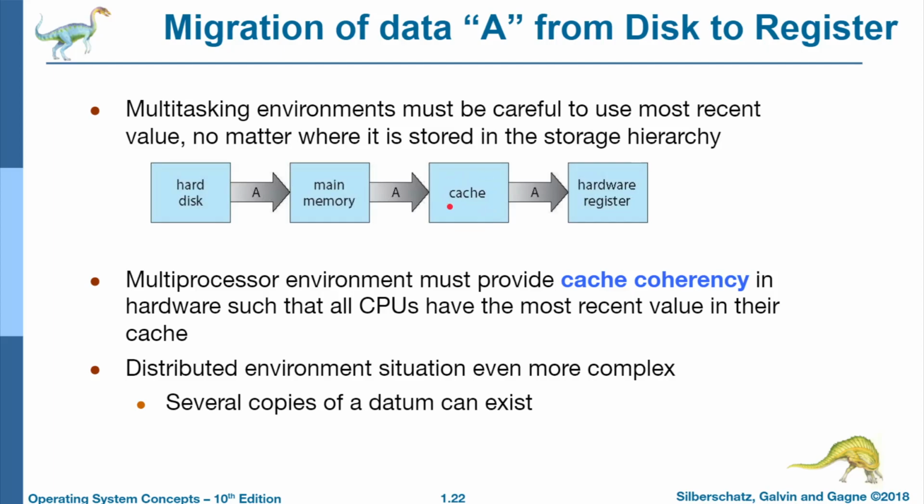Well, in a multiprocessor environment, it is important to provide cache coherency. Cache coherency is where every processor's cache data is actually synchronized with other caches. It becomes even more complex when we work in distributed environments where we're actually working with different memories and even different storage areas.